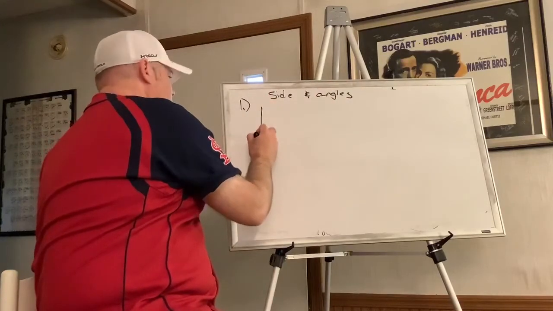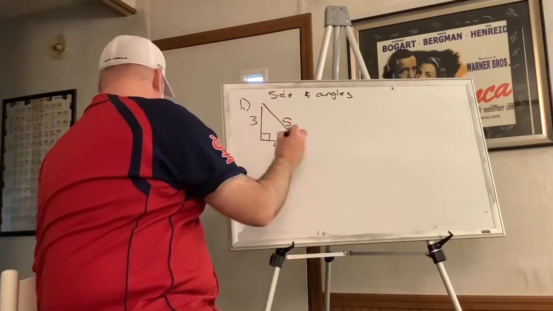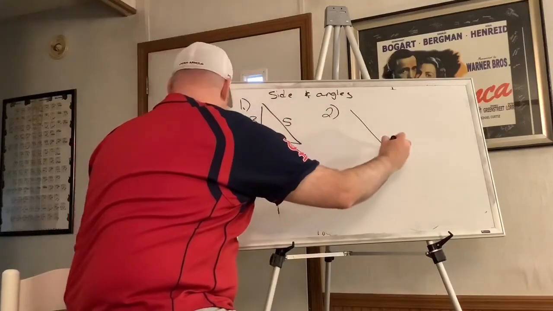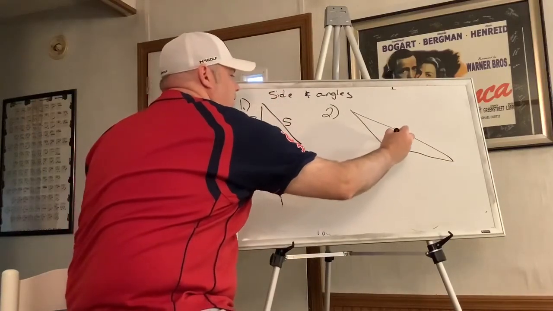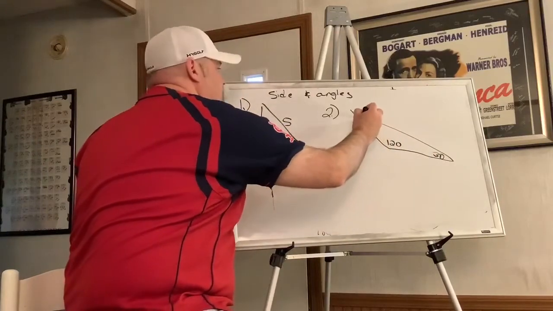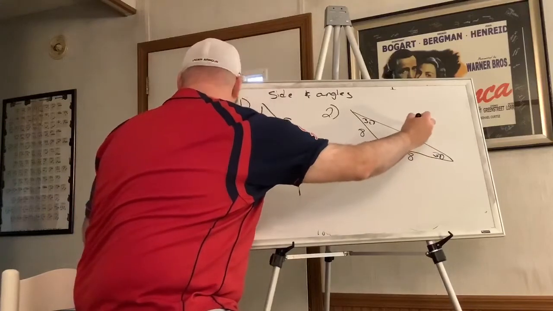Okay, number one, we got 3, 4, 5. Number 2, that one a right angle, 120, 30, and 30, and 8, 8 and 15.